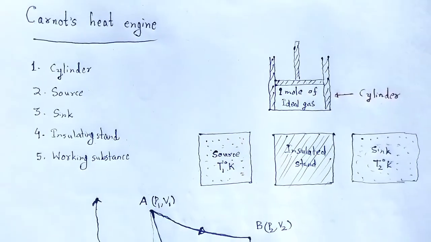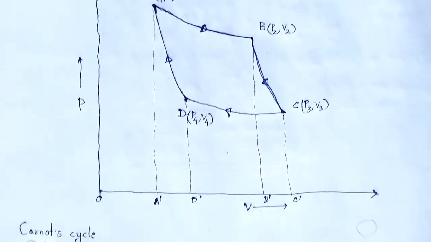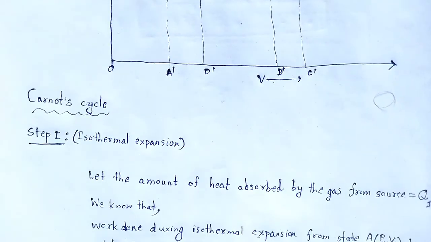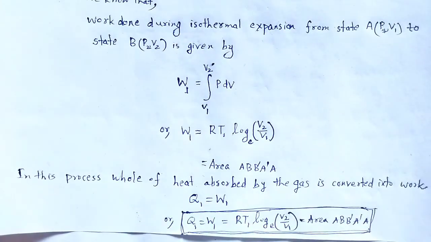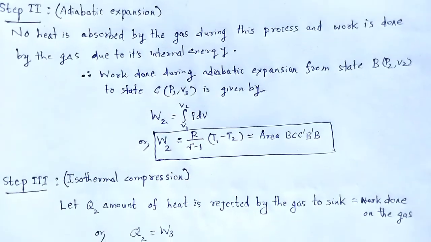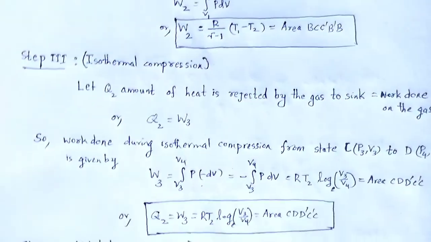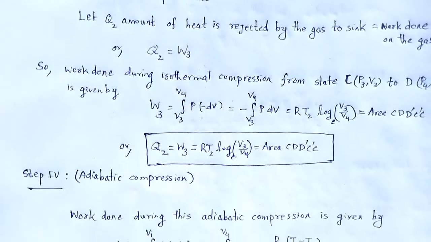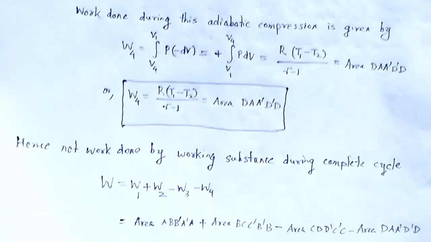With the help of this video lecture, we understood what Carnot's heat engine is, its different parts and its functional analysis, as the Carnot cycle: isothermal expansion and work done during isothermal expansion, then step 2, adiabatic expansion and work done during adiabatic expansion, isothermal compression and work done during isothermal compression, adiabatic compression and work done during adiabatic compression.